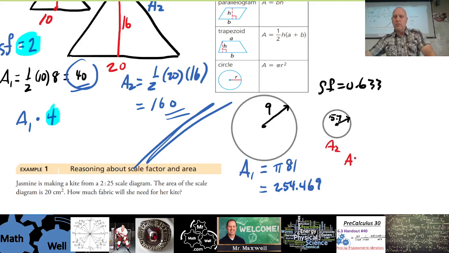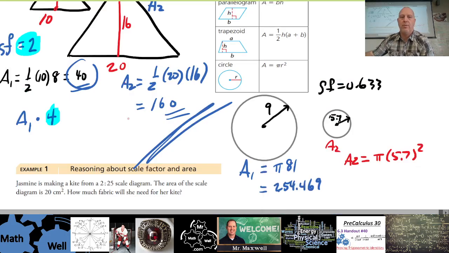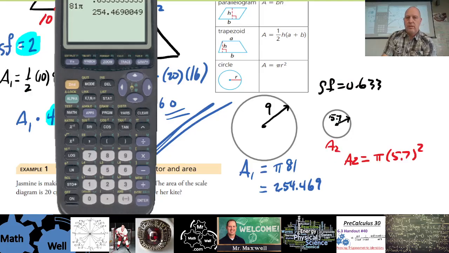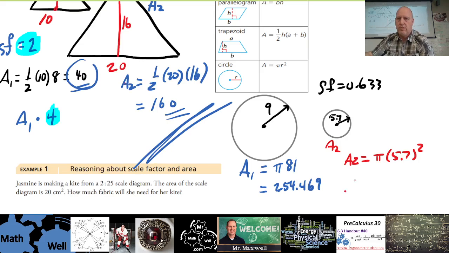So area 2 equals pi times 5.7 squared. All right, that's 5.7 squared times pi, which is 102.070.